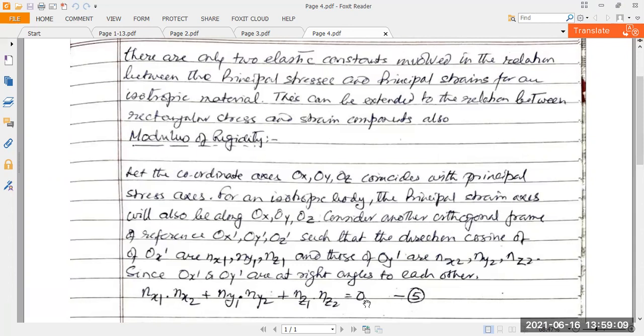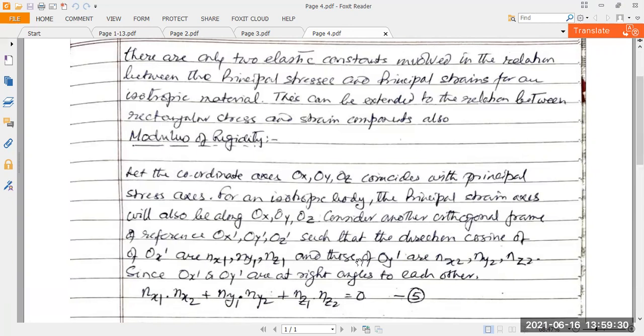Let's see that in this one. The axes are aligned to each other, then NX1. As if we are saying these two, X and Y, are individually perpendicular to each other.